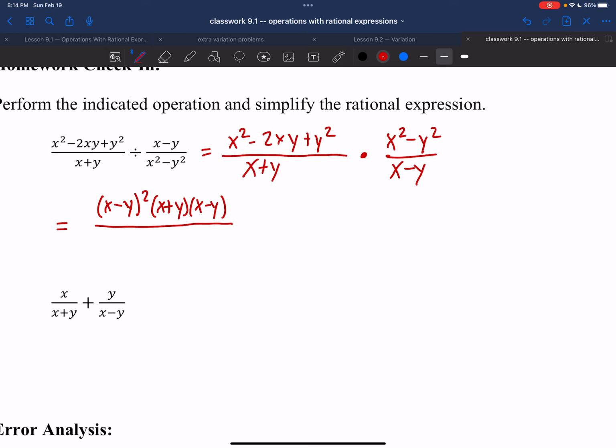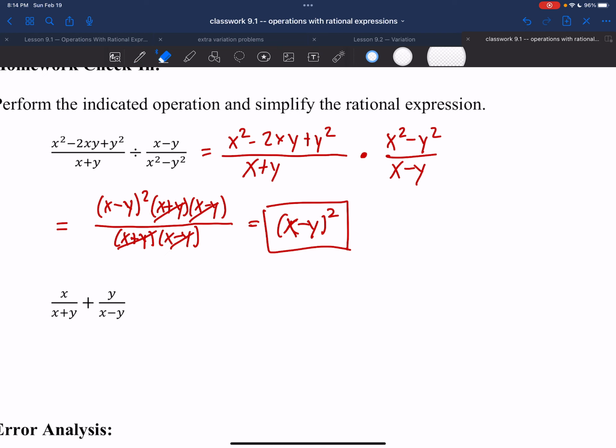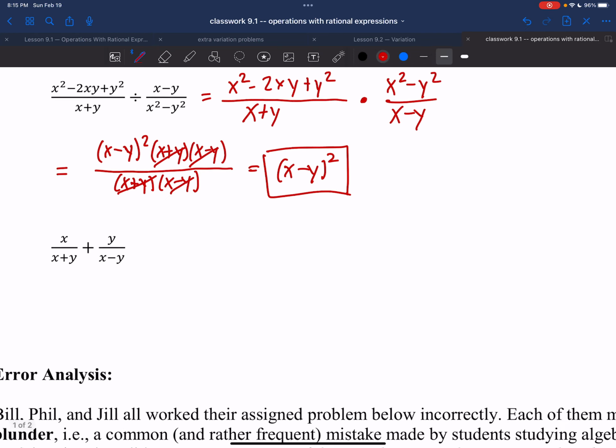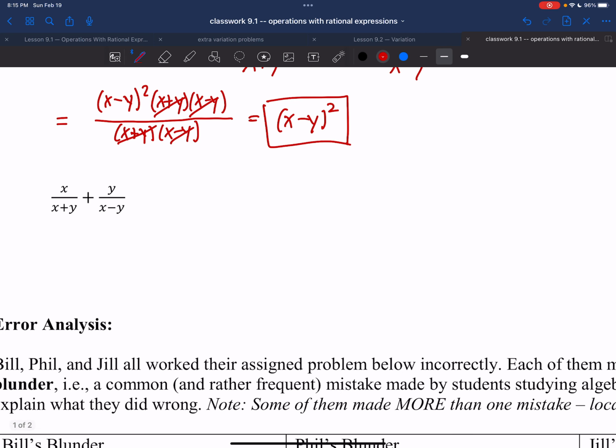Okay? And the denominator is x plus y times x minus y. So notice naturally these cancel, and I'm left with x minus y quantity squared. And that's my answer. Done. Okay? All right. Sorry for being all gibberish there.